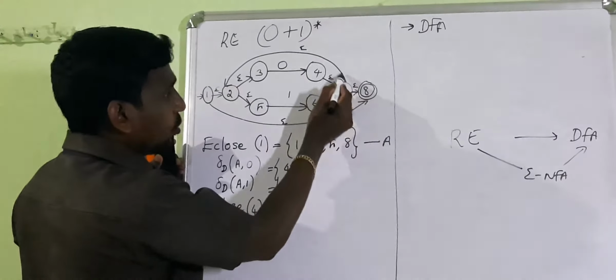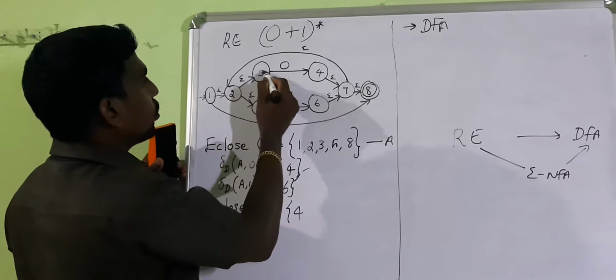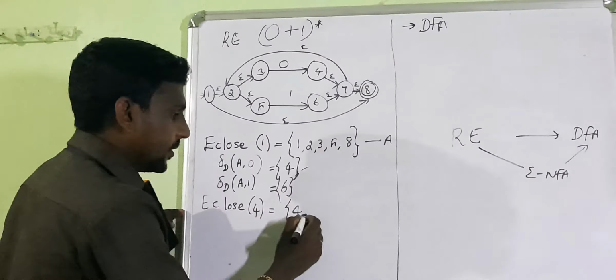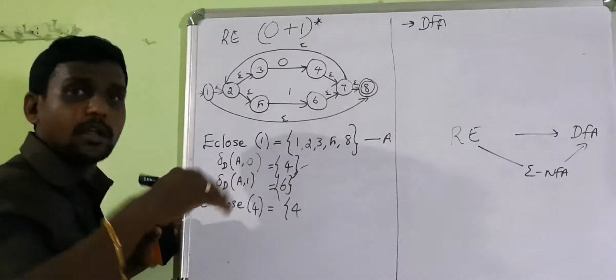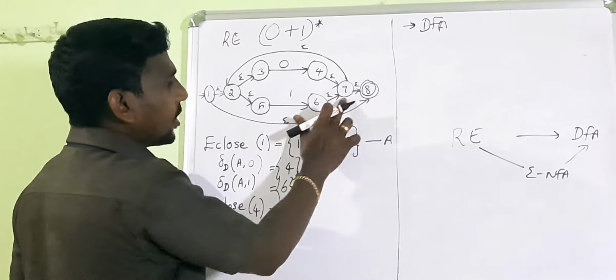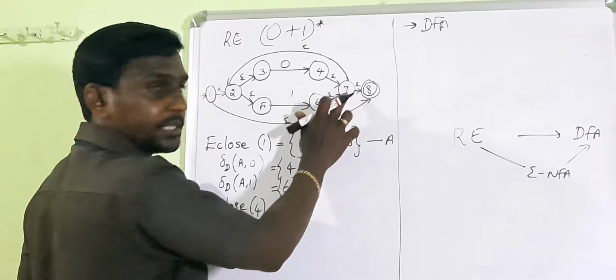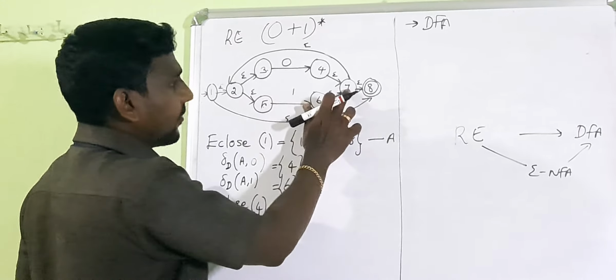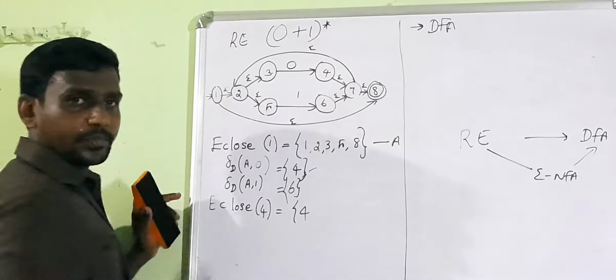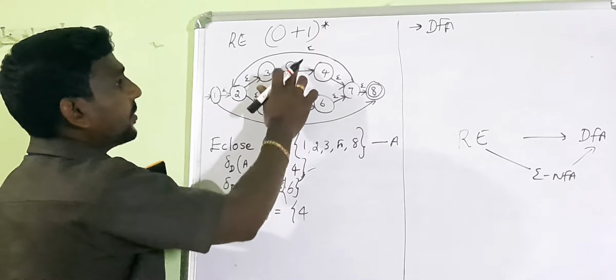From 7 it goes to 2, from 2 to 3, 2 to 5. Clear? See, I have to write 4, and we check from 4 where epsilon moves go directly. From 4 it goes to 7. It is not an epsilon move to 6, the arrow comes here, so we cannot take 6. So 7, 8, and 7 to 2, 3, 5. Clear? I cannot go here because it is 0.